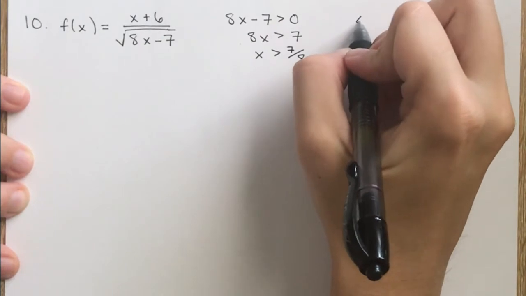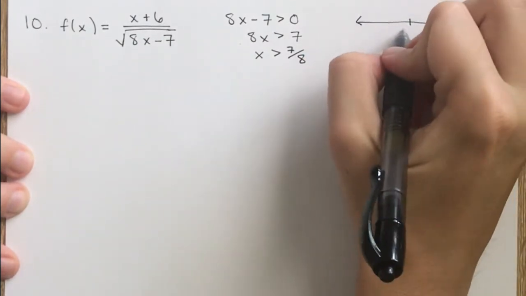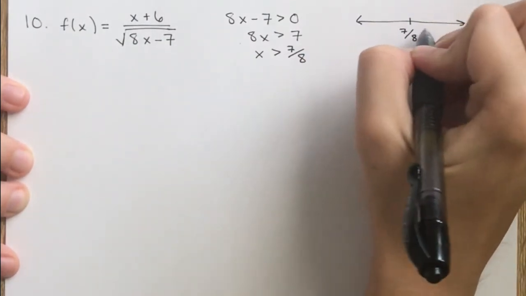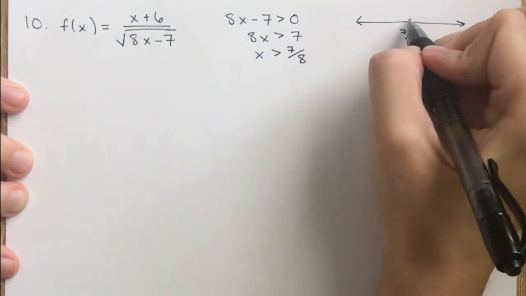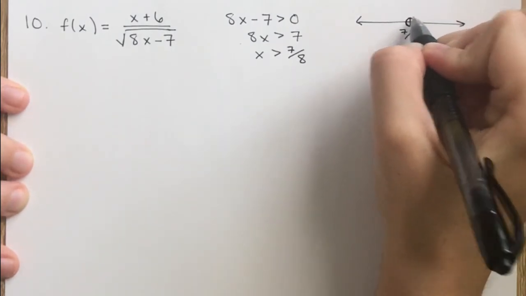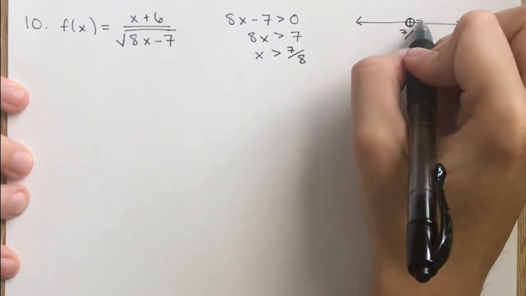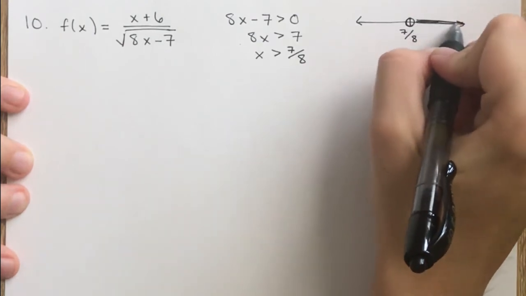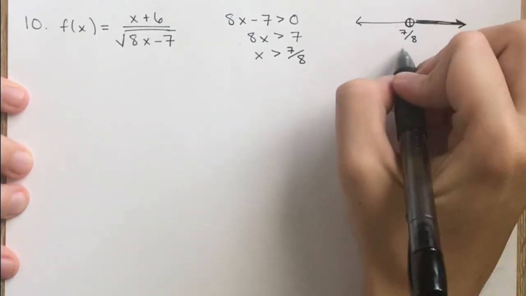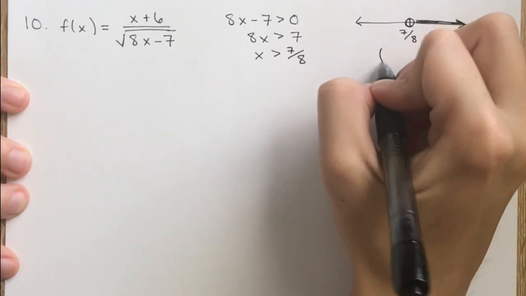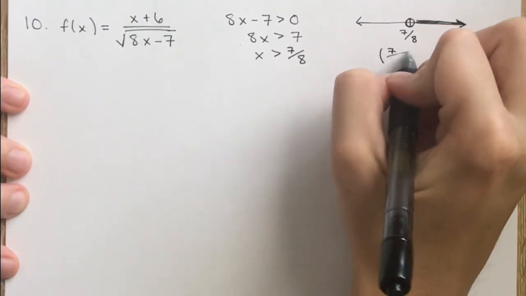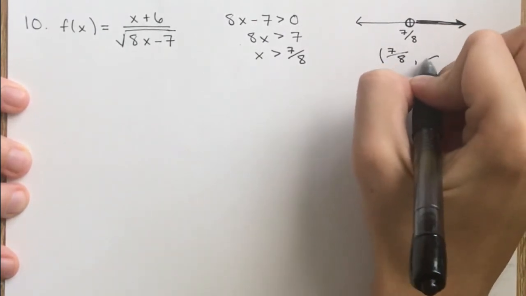On a number line, we have 7/8. This time, 7/8 is open, but we shade everything to the right. And in interval notation, we have parentheses, 7/8 to infinity.